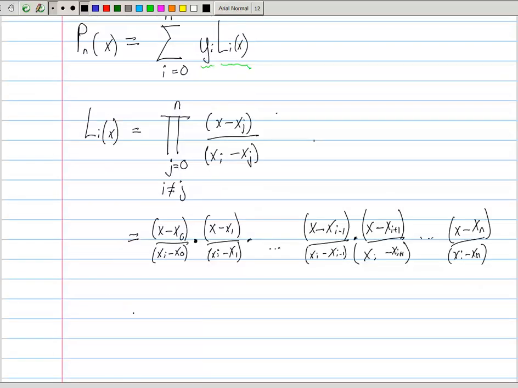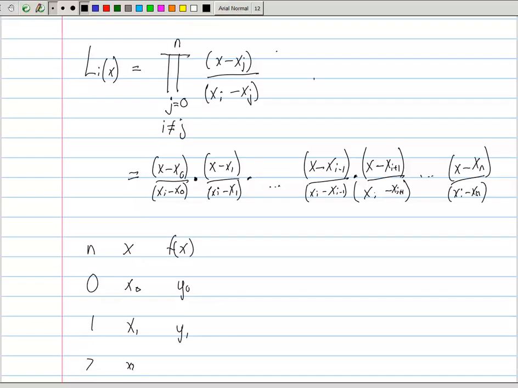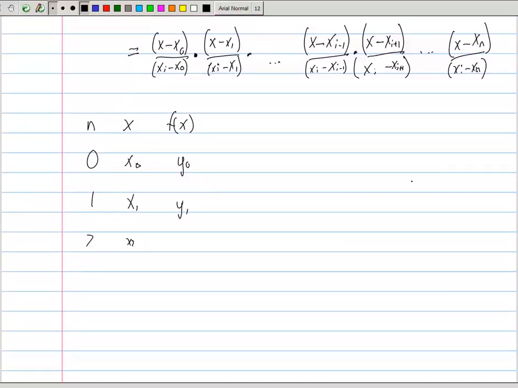So if we're given a series of data for n, x, and f of x, and we land up with, I'm going to do just 3 terms, 0, 1, and 2, and we have x0, x1, x2, and this will be, let's call this y0, y1, y2.